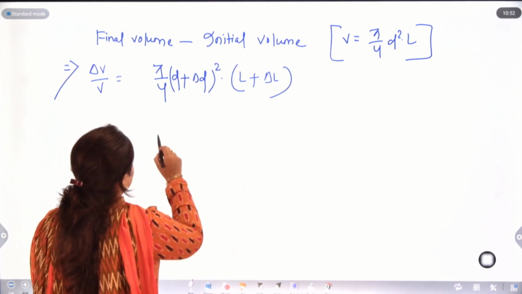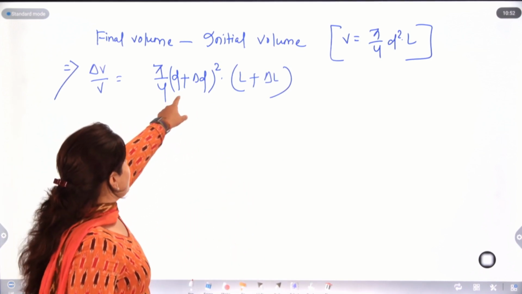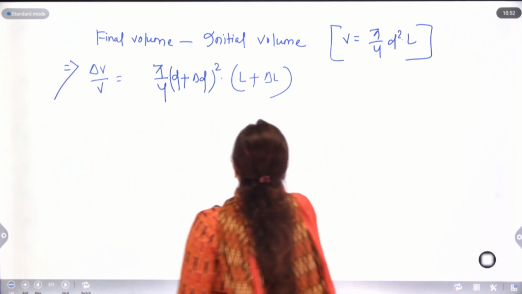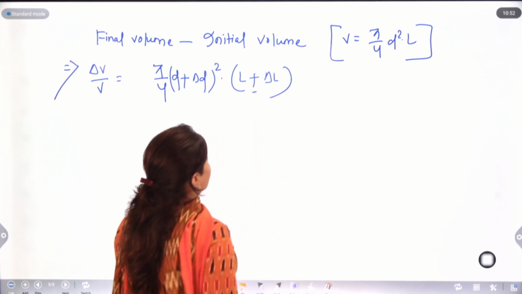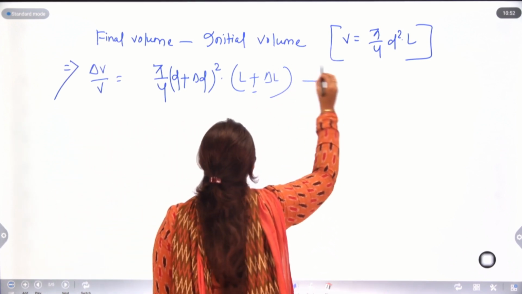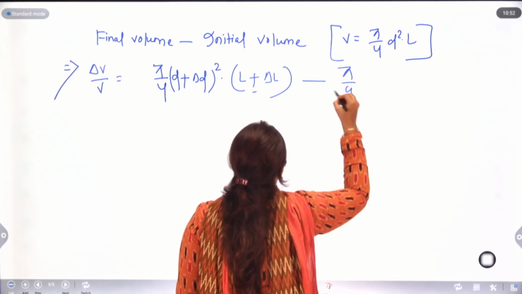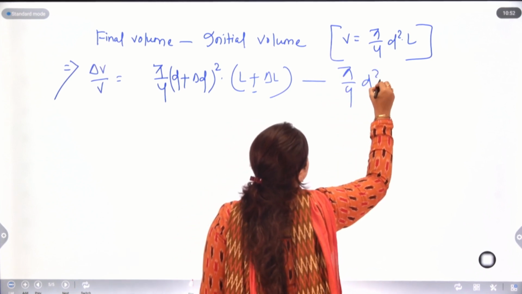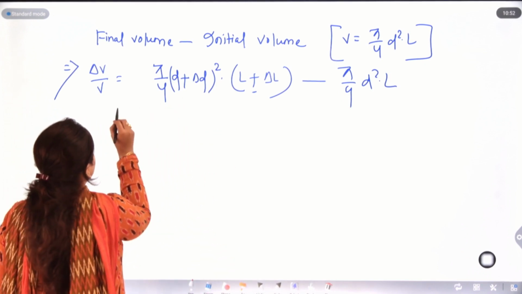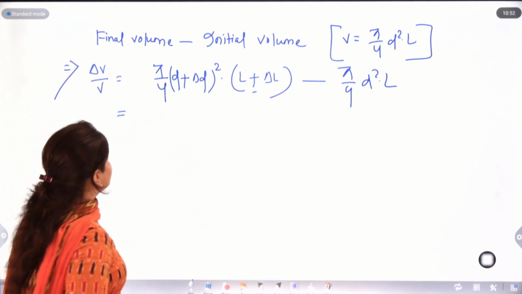In case of final volume, what we have written? In case of D, we have written D plus del D, okay? And in case of length, we have written L plus del L. Minus pi by 4 D square L in our initial volume. So now we will solve this equation.